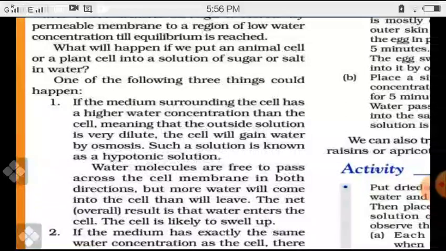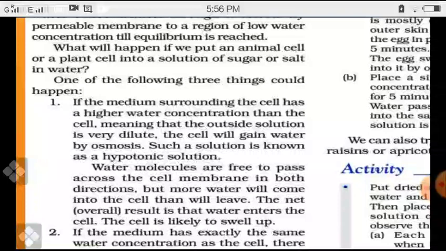I repeat, hypotonic solution. Here water molecules are free to pass across the cell membrane. The water molecules move in and out of the cell membrane in both directions, but more water will come inside the cell. So more water molecules will enter the cell from the hypotonic solution.